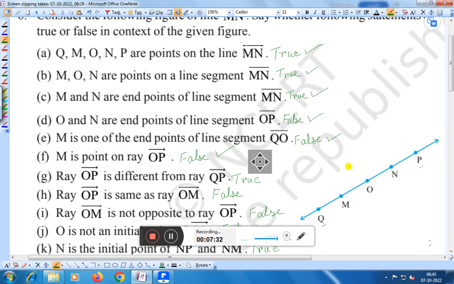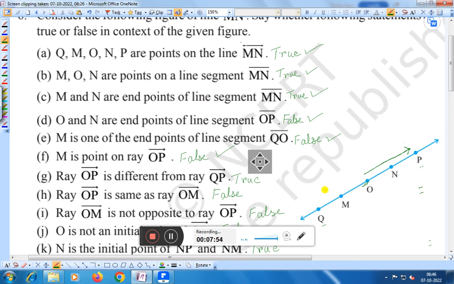Where is ray OP? Here you see. This is ray OP. This is ray OP, which is different from ray QP. Here you see, QP is the ray. QP starts from here.